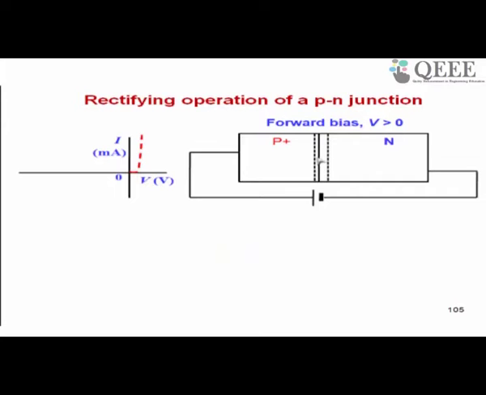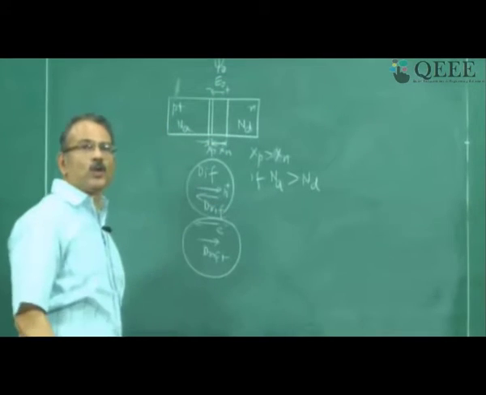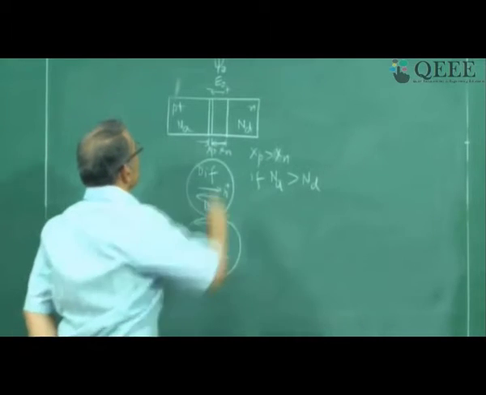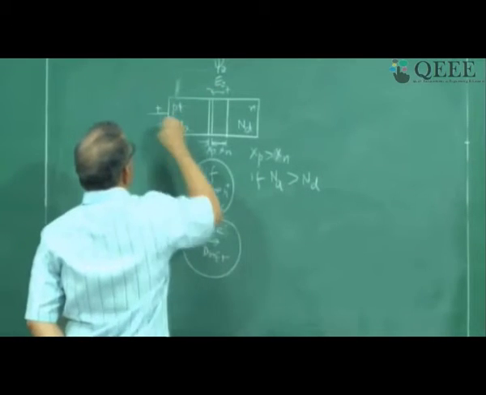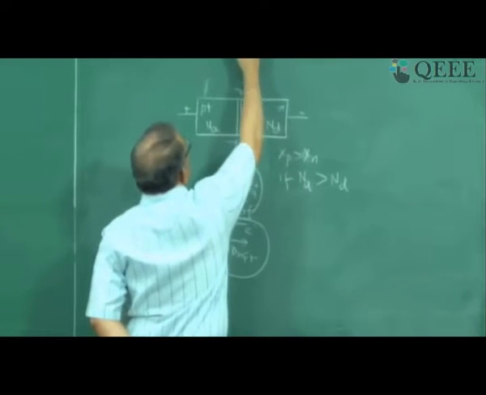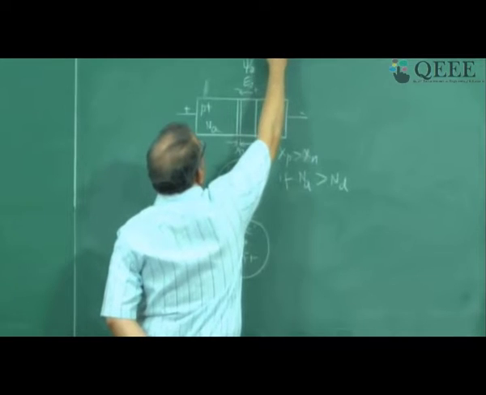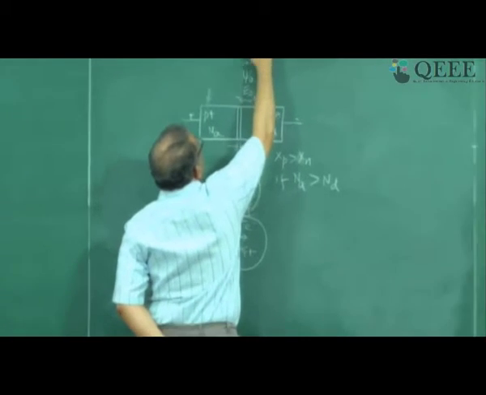Why? Because you can see the polarity of forward bias. P is positive, N is negative, this external voltage. This is opposite to the direction of the built-in field. This is the built-in field. Let us put suffix 0 to show equilibrium situation. Now applied bias, this is positive, this is negative, forward bias, which means applied field is like this, or psi applied.